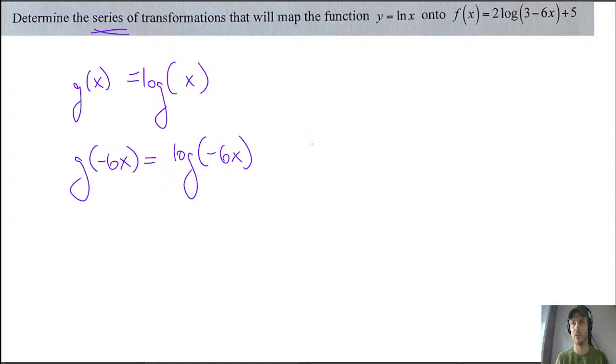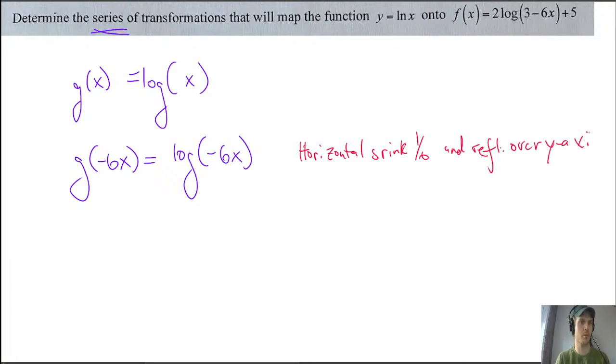So this is a horizontal shrink 1/6 and reflection over y-axis.